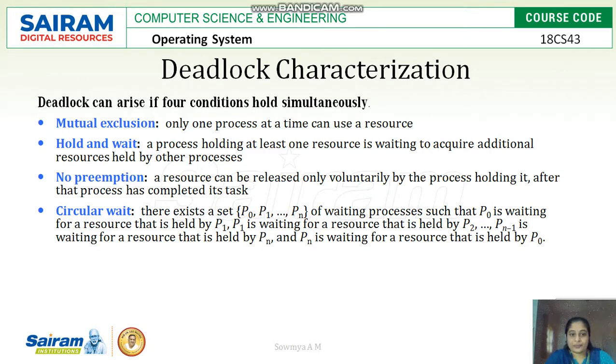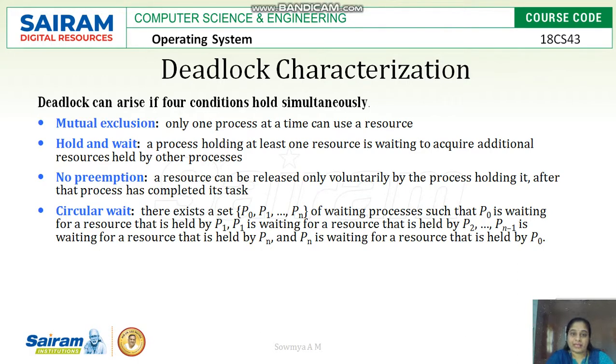No preemption. The resource can be released only voluntarily by the process holding it after the process has completed its task. If the process is utilizing the non-preemption method, then the next process will wait until this process is executed. But what if this process requires a resource which another waiting process holds?